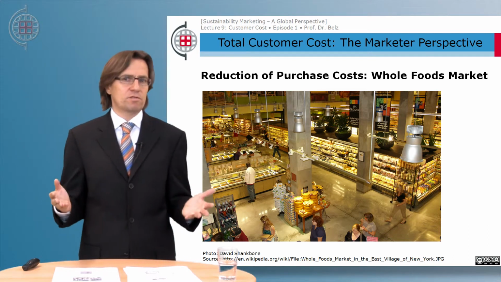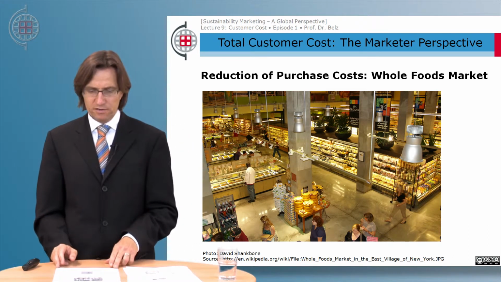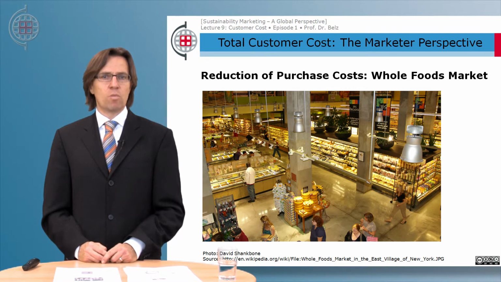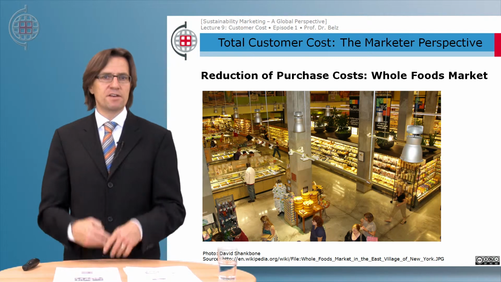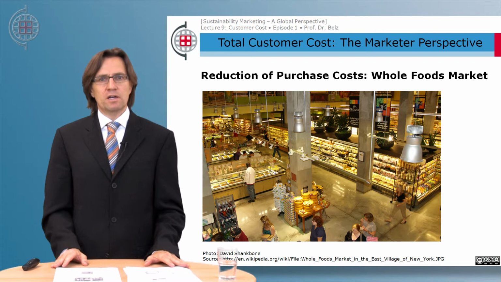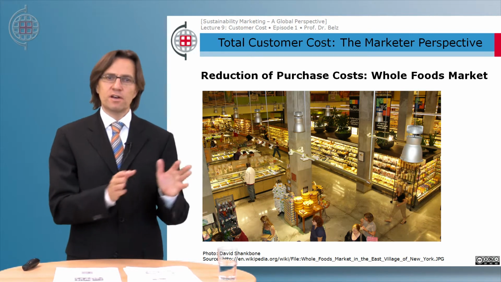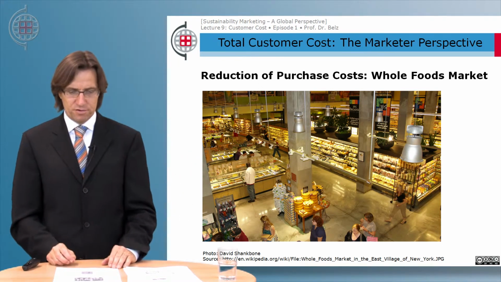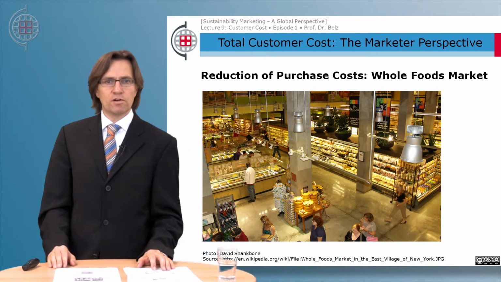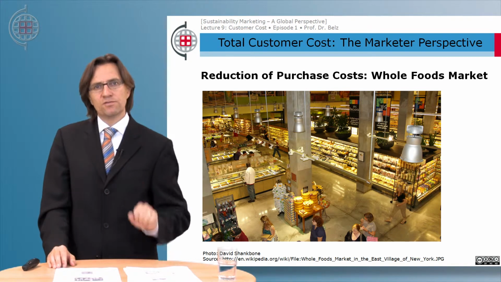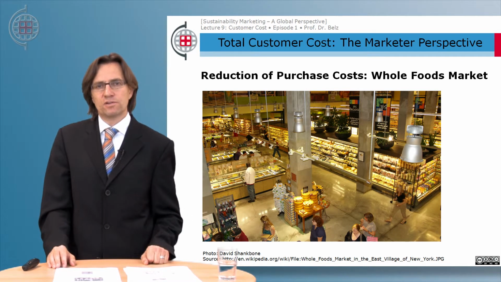They offer all kinds of products in large quantities, and they enable customers to do one-stop shopping, which means they enter the market, they can get high-quality organic food in the store, and they don't have to go to a second or a third store to buy their organic food. So by means of one-stop shopping, by having everyday food, basic products 365, they reduce the price costs and the purchase costs.